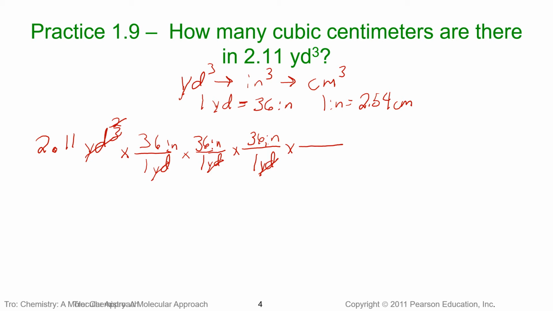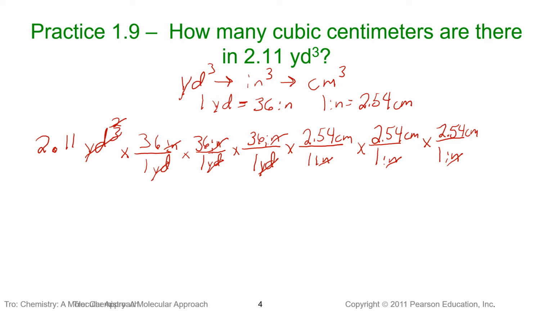Well, now we're in inches, but we want to get to centimeters, so we have to use our inch to centimeter conversion 3 times. So 1 inch, 2.54 centimeters. That'll cancel one of our inches. And we write it a third time. And that cancels the third inch.